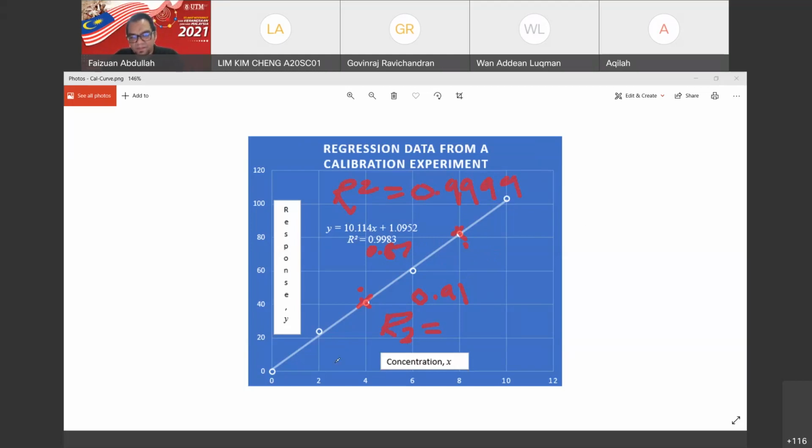Remember, if you prepare the calibration solution wrong, there is a lot of error. If you dilute directly from 1000 to 0.1, for example, you will not get a good R square value. A lot of error will occur during preparing the calibration solution. But it is acceptable in the analytical world. You must get 0.99.